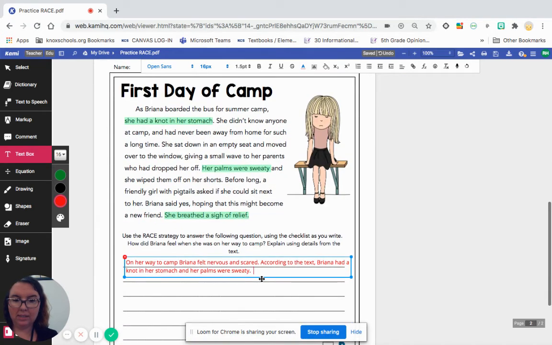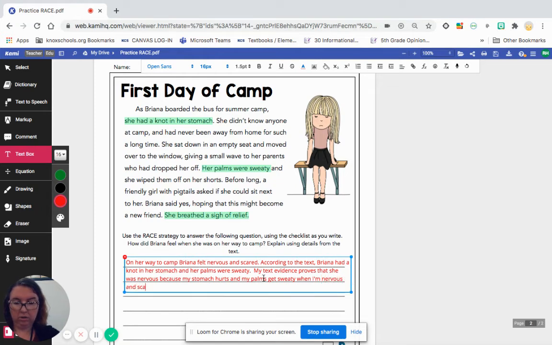So I'm going to say my text evidence proves that she was nervous because my stomach hurts and my palms get sweaty when I'm nervous and scared.